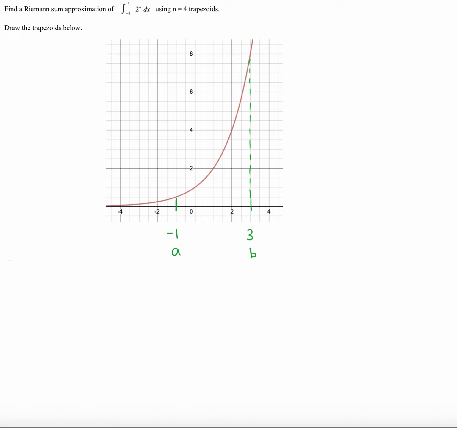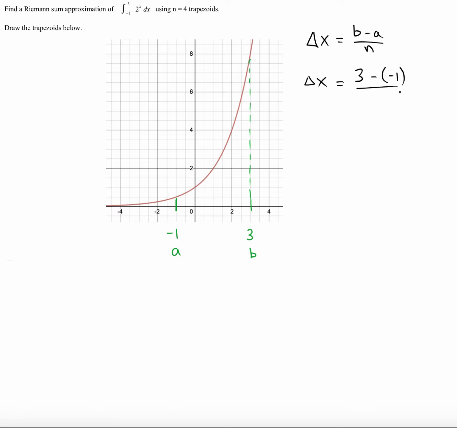The first step in any Riemann sum is to find out what the width of a typical area will be. So I'm going to use the formula delta x equals b minus a over n for that. Our b is 3. Our a is -1.